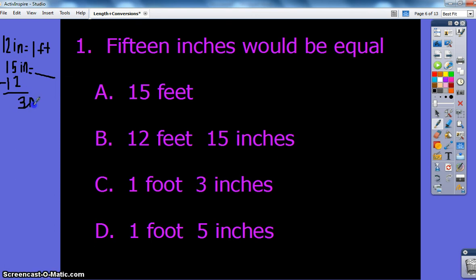Oh, I don't have 10 there. So I took out 12 inches, which equals 1 foot, and then I had 3 inches left over, so my answer would have to be C. And with a different color ink, you could see that.